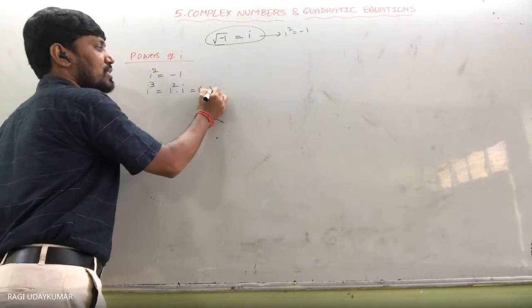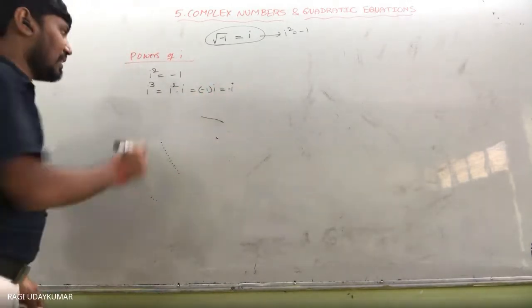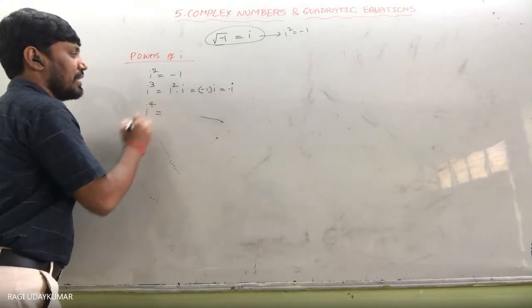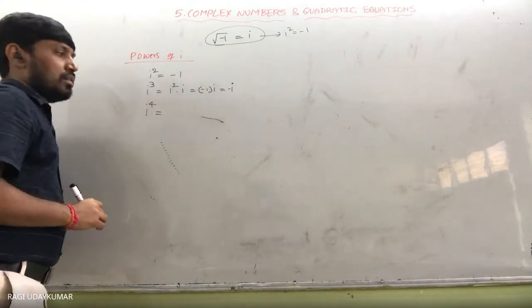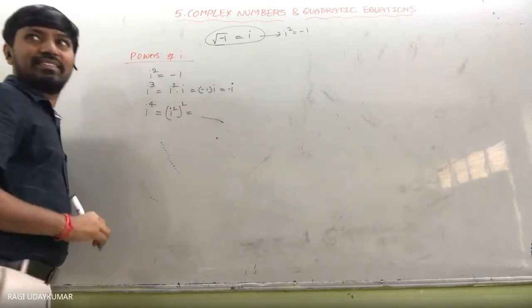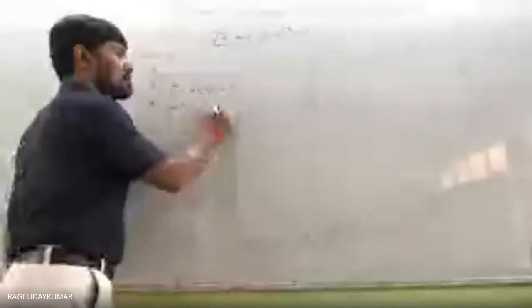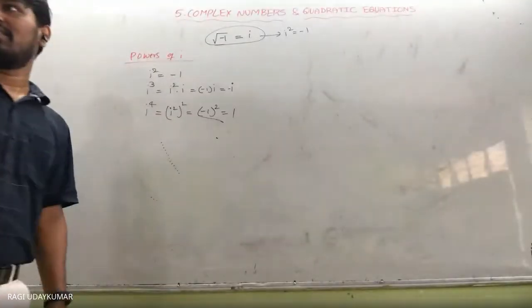So that is nothing but minus 1 into i, which is equal to minus i. i power 4, if you are taking, i square whole square. i square is minus 1. Minus 1 whole square, which is equal to plus 1.